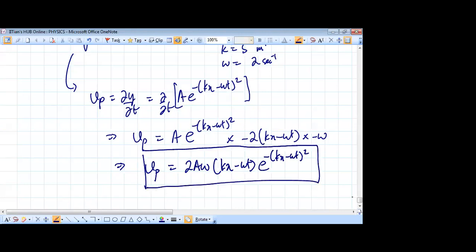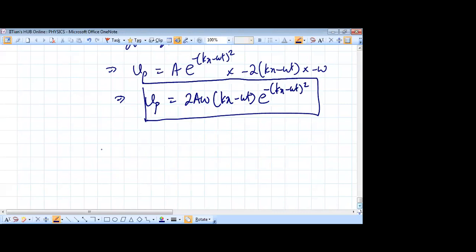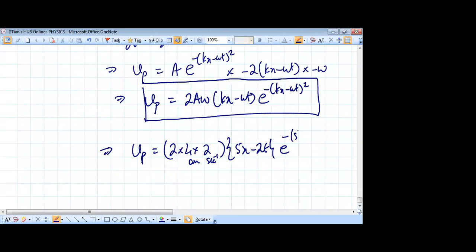So now in this we have to substitute. First of all, in our case A is 4 centimeters and omega was 2 second inverse, so this factor becomes this. Then kx minus omega t becomes 5x minus 2t, into e raised to the power minus of (5x minus 2t) whole square.